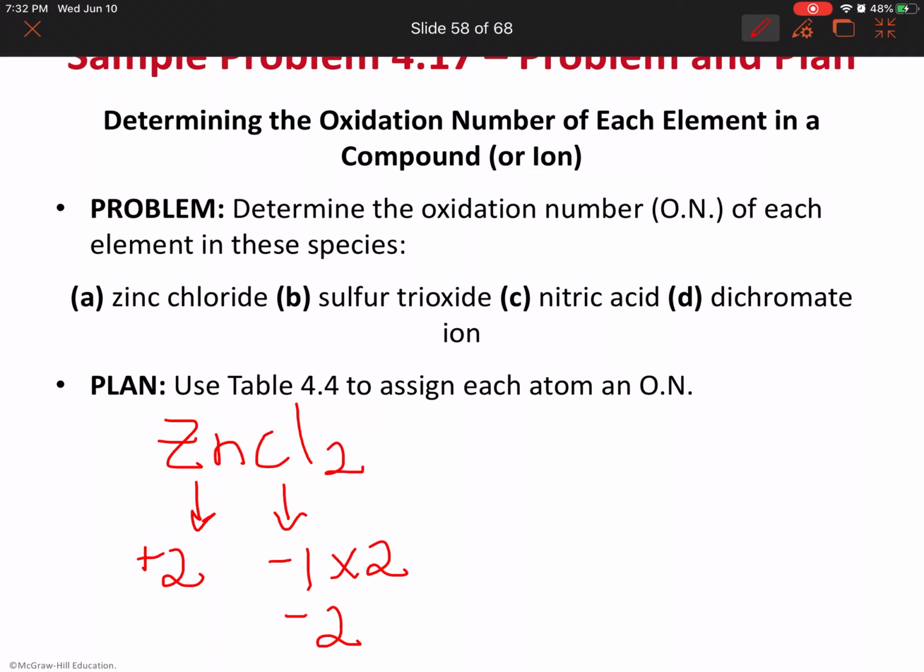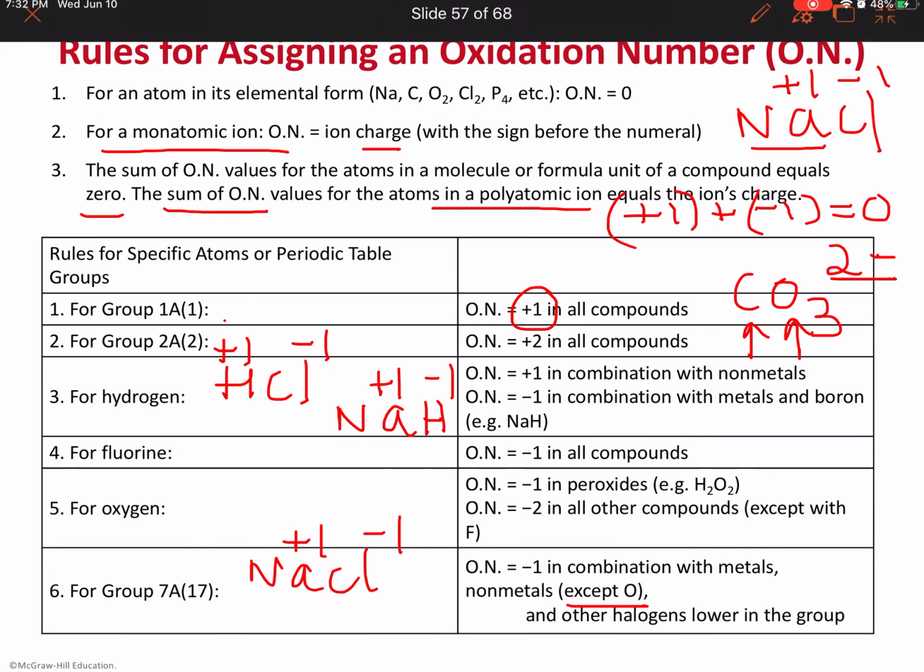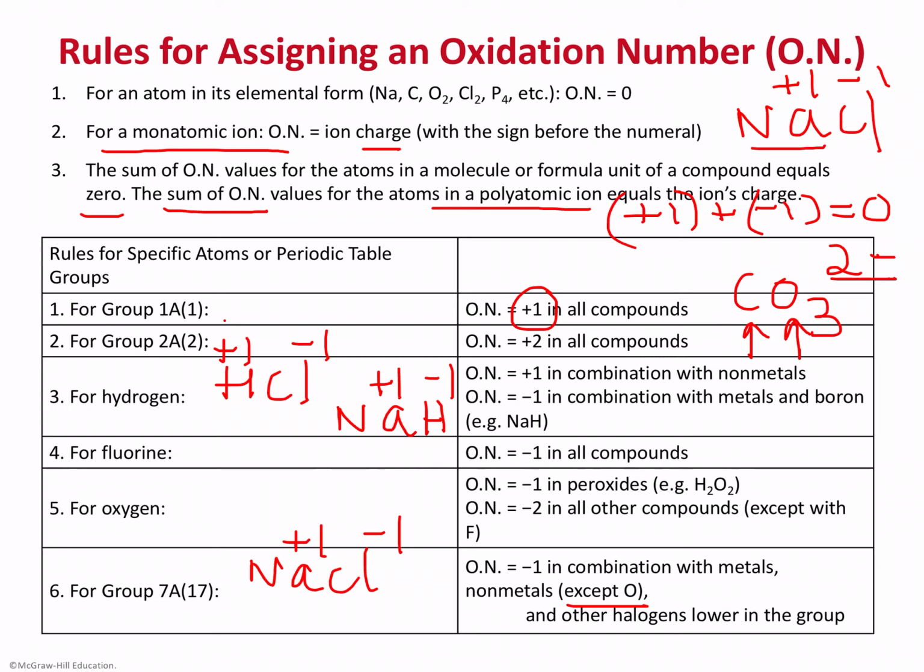And then sulfur trioxide is SO3. Now between sulfur and oxygen, if you go to the previous slide, it says oxygen's oxidation number is -1 in peroxide. Sulfur trioxide is not a peroxide. If it were a peroxide, it would be said in the formula naming.